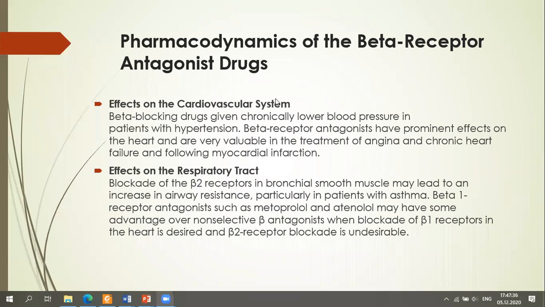They need to be aware if the patient has asthma or similar diseases, because people may struggle with this type of disease. Beta-1 receptor antagonists such as metoprolol and atenolol may have some advantage over non-selective beta antagonists when blockade of beta-1 receptors in the heart is desired and beta-2 receptor blockade is undesirable.